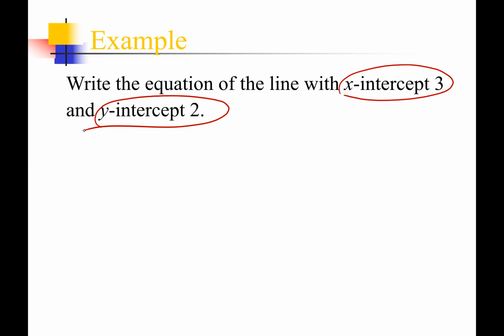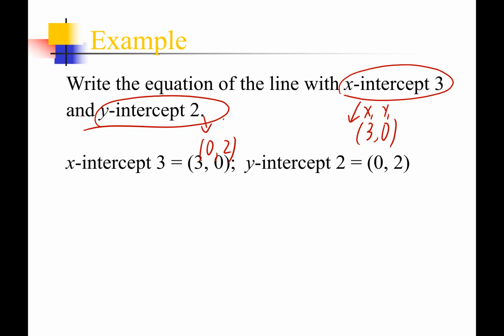All right, so let's go over the solution. X-intercept is given in this form, right? So 3, 0. So we have first ordered pair 3, 0. The y-intercept should be this, x equals 0, so 0, 2. So if you want to label this x1, y1, this is x2, y2.